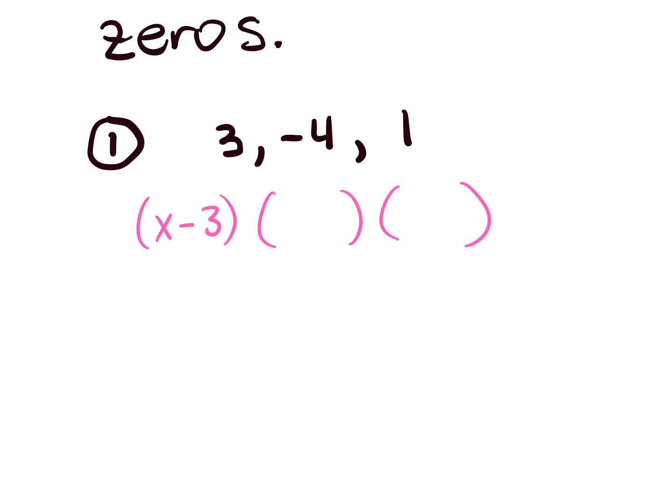Because if I go forward and I say x minus 3 equals 0, I add 3 to the other side, and that's how I get the +3. So when we put it into the factors, you have to change the signs. So what would my next factor be?